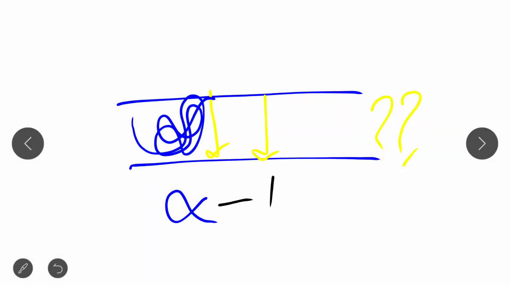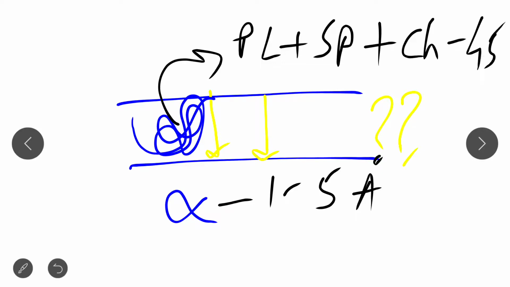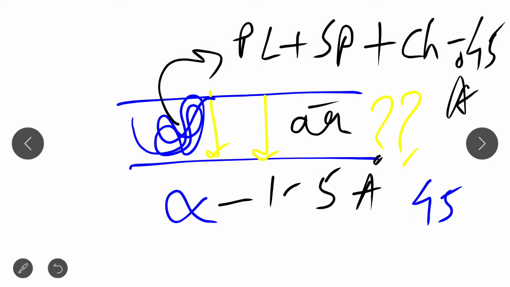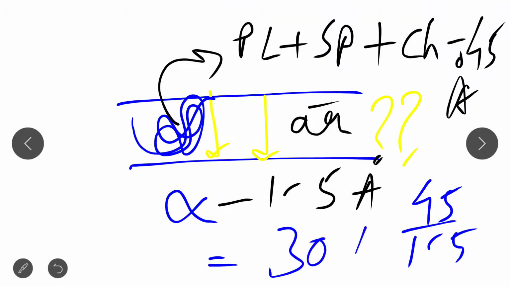The length of the alpha helix is 1.5 angstrom, and the width of this membrane, that is phospholipid plus sphingosine plus cholesterol, is about 45 angstrom. So the number of amino acids is 45 by 1.5, that is 30 amino acids. 30 amino acids are present in the hydrophobic region.